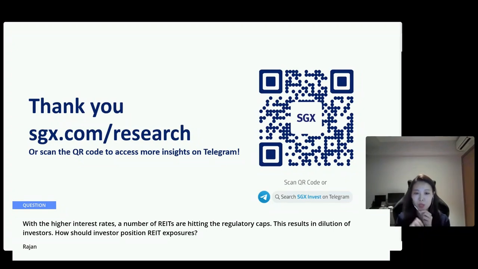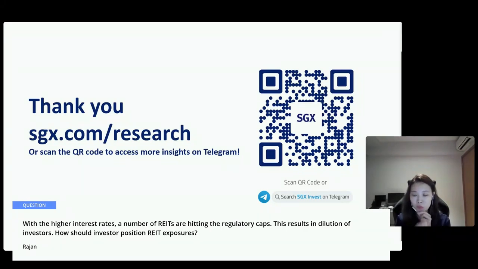We don't want to just ignore the interest rate impact on REITs, which is part of the question. Many of the REITs have voiced out in their reports that with increased interest rates and inflation, expenses have gone up, which is why many of them are trying to actively manage this interest rate exposure.